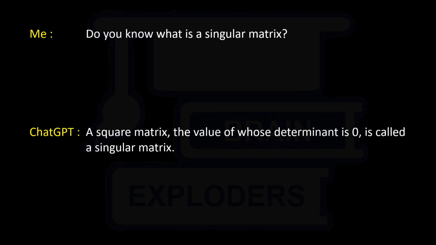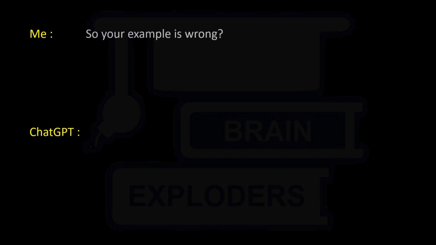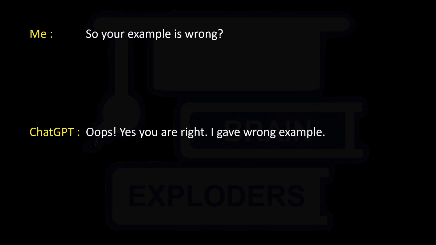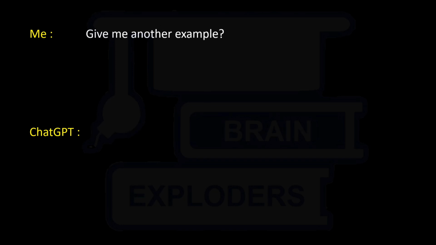It replied, a square matrix the value of whose determinant is 0 is called a singular matrix. Which means the example was incorrect. So I told it that its example is wrong, and ChatGPT accepted it. Okay, then I asked for another example.